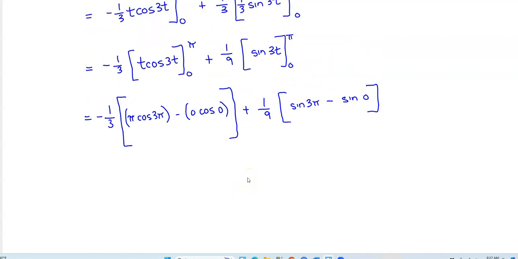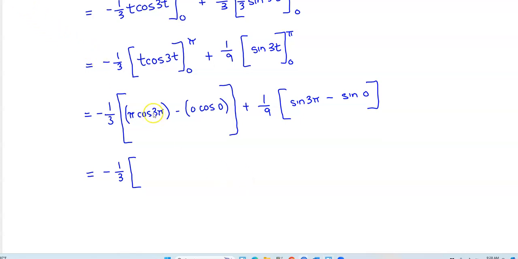Okay, so now let's evaluate. We have negative 1/3, and we have pi times the cosine of 3 pi. The cosine of 3 pi is negative 1, times pi is negative pi.